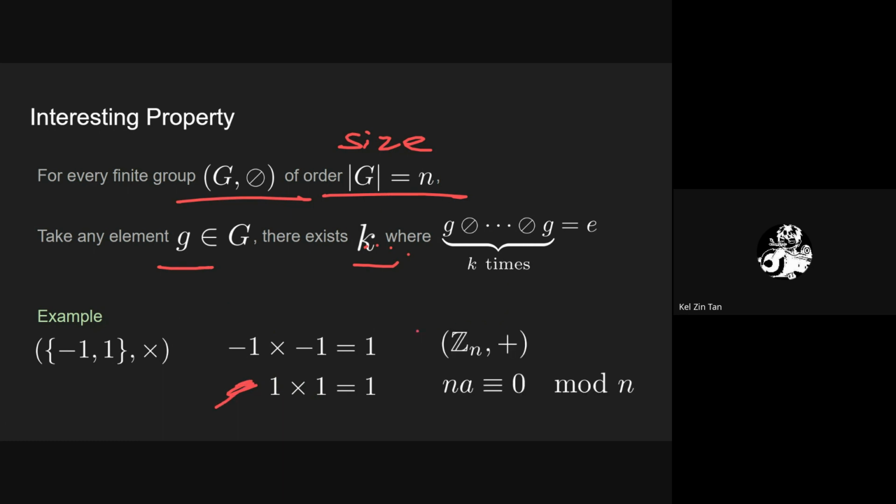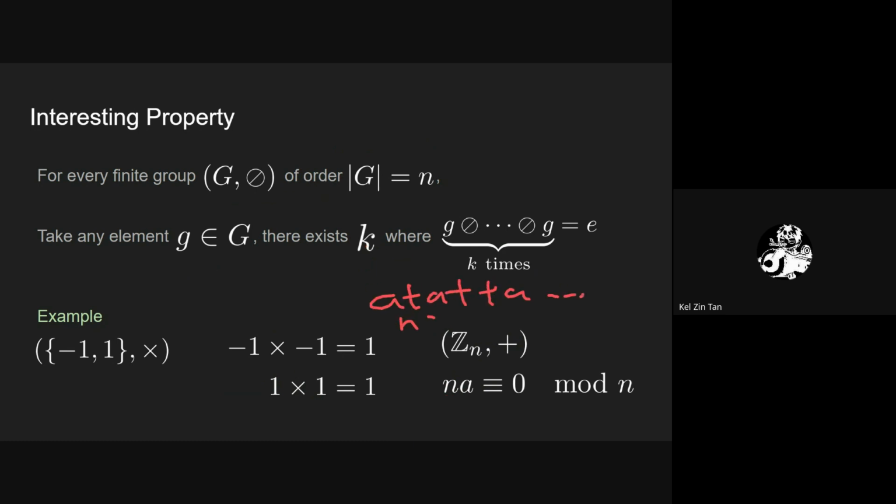And then for the group Zn, if I repeatedly add a for n times, this will become na, and then na modulo n will become 0.